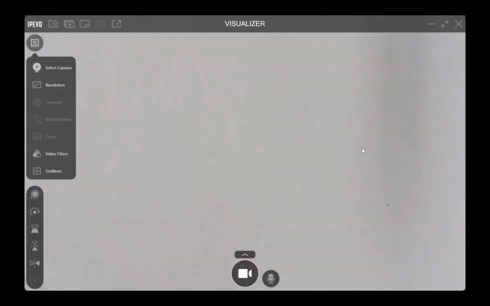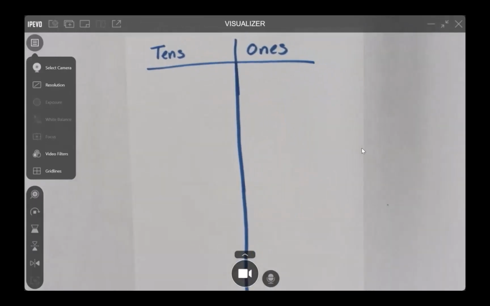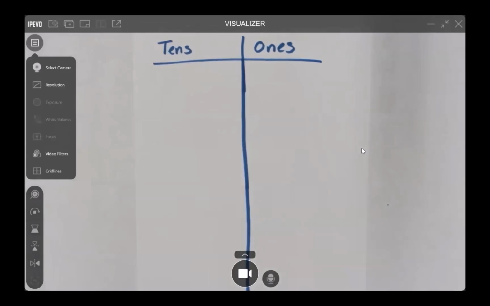The final portion of IOA 1B requires students to model various ways to make a number with 10s and 1s. Let's continue to look at what this could look like with the number 23. Using my place value chart and my base 10 blocks, I'm going to model the number 23.